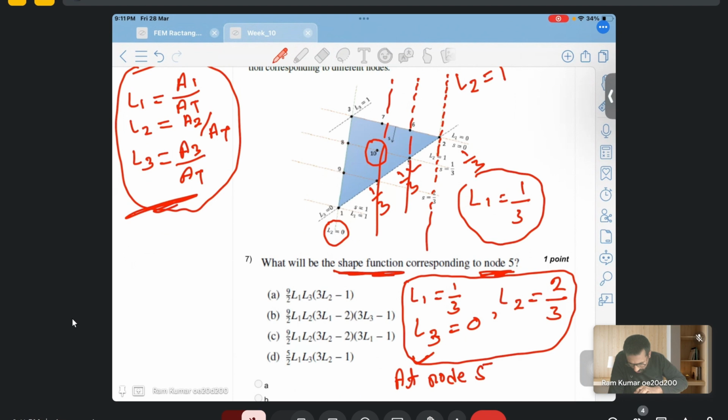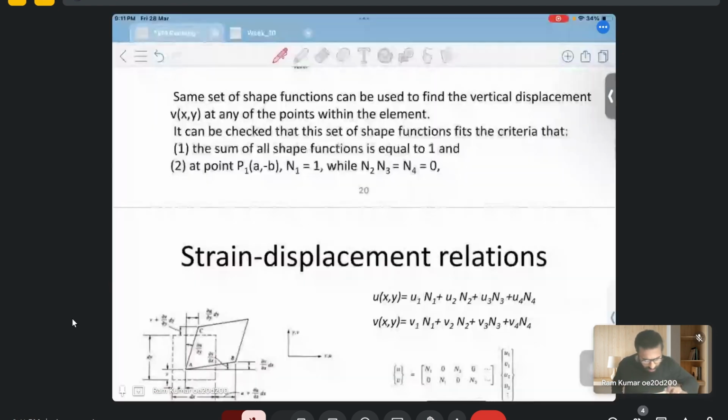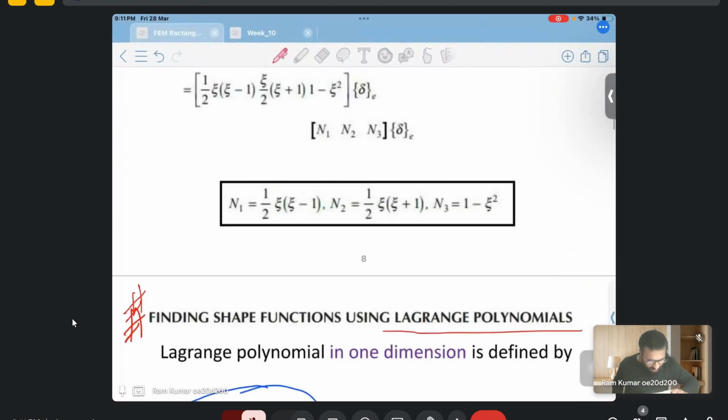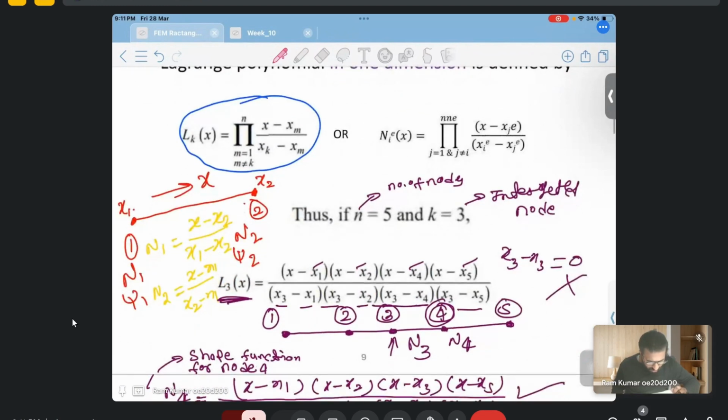How will we get it? Sir, we can put it in that formula for the Lagrange method we are writing. Yes, we have that formula in the form of L. This one we can use, no?